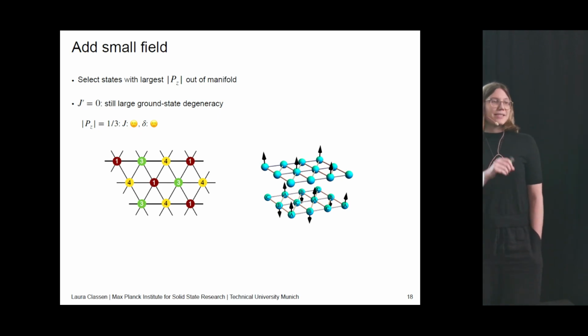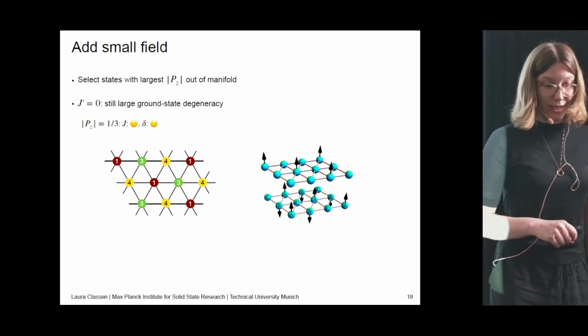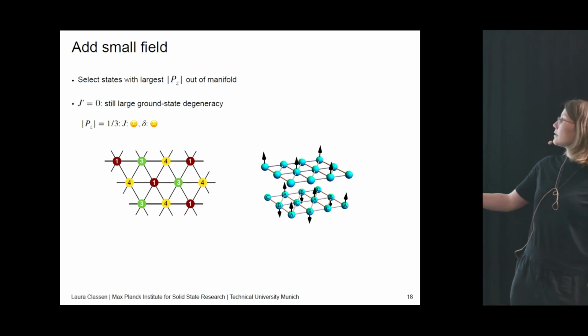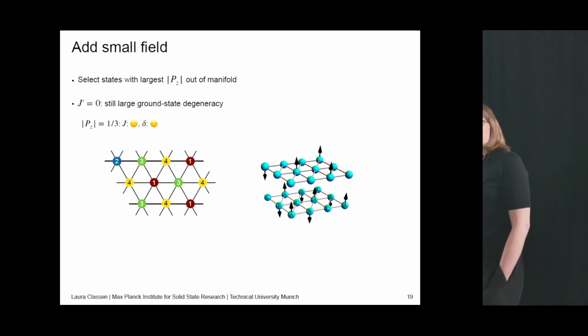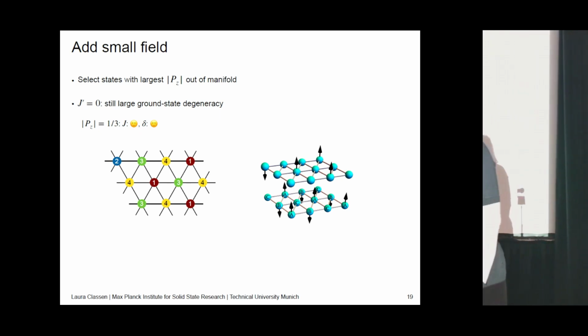But still, I cannot get rid of this large degeneracy, because again, I can flip now this spin, for example, and do that to any other spin in the top layer and have a state of the same energy, because it doesn't change the polarization.